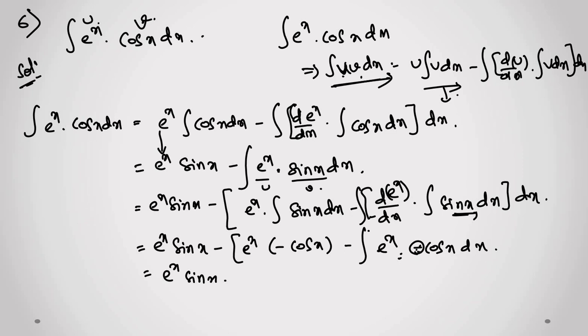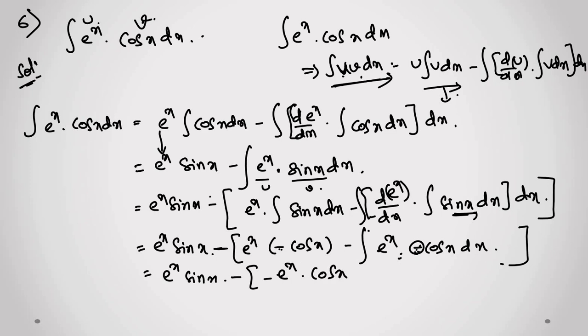Here something went wrong, so this total also will be there, with the minus. So it will come as the integral of minus e power of x into cos x.